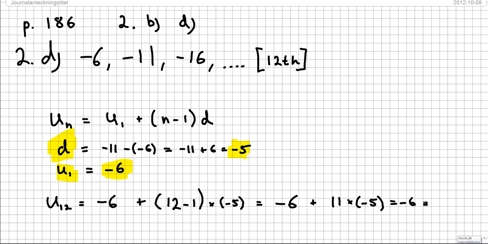So plus minus 55 is minus 55. Minus 6 minus 55 is minus 61. So the 12th term in this arithmetic sequence is minus 61.